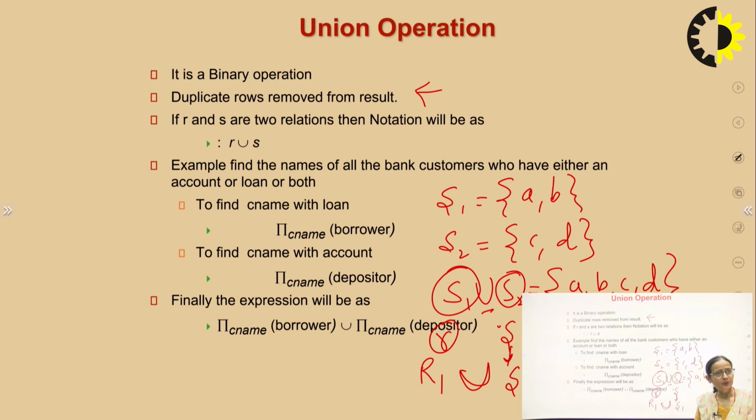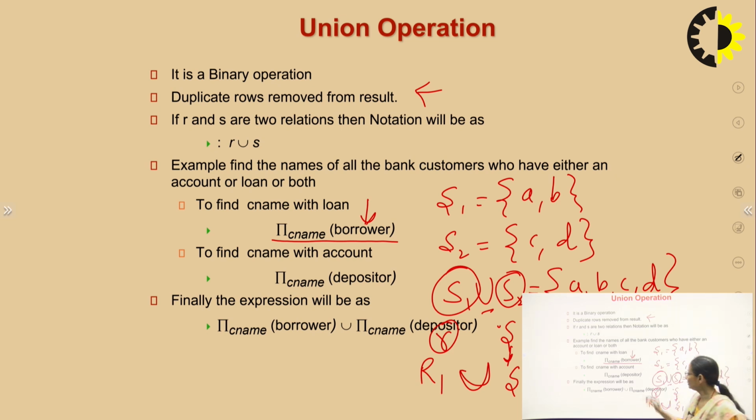For example, find the names of all the bank customers who have either an account or loan or both. The query to find the customer name with loan is this. Borrower is my relation where I maintain the data related to loans for the particular customer.